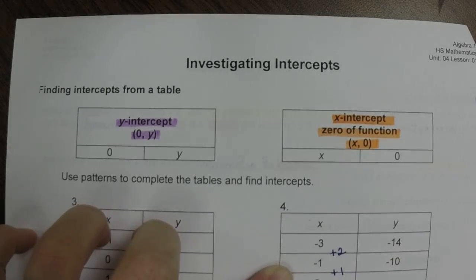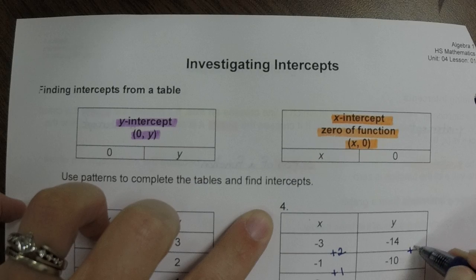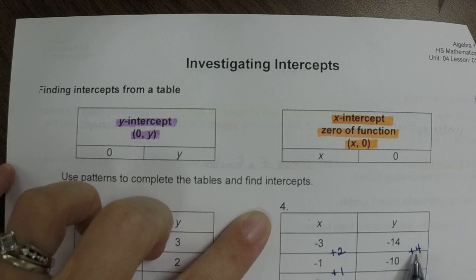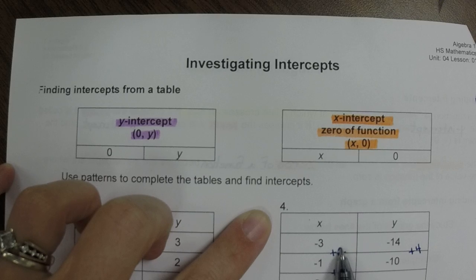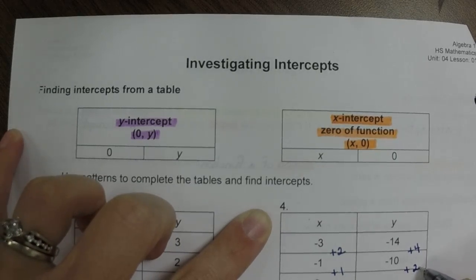So if I'm trying to find the pattern, from -14 to -10, I went up 4. So when I changed by 2, I went up by 4. If I'm only going to change by 1, that's half of this number, so I would only need to go up by 2.